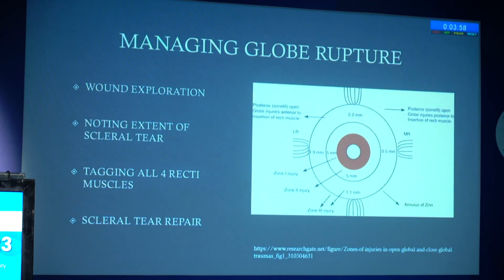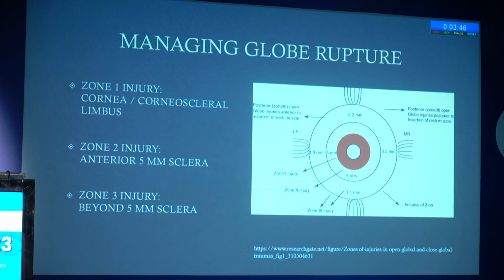Managing a globe rupture would involve wound exploration, because we have to note the extent of the scleral tear to manage the patient. Tagging the recti muscles is very essential to examine the posterior aspect, and for scleral tear repair. The 3 zones of injury critically would be zone 1, the cornea up to the limbus, zone 2, the anterior 5mm of the sclera, and zone 3.